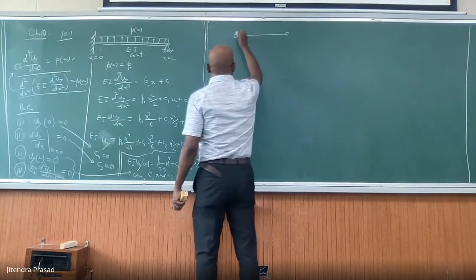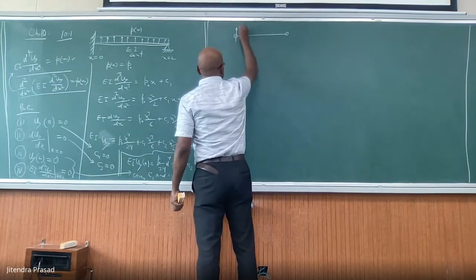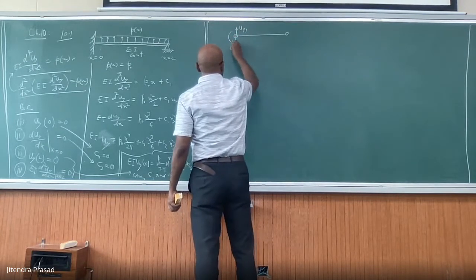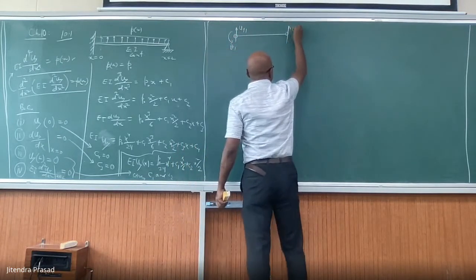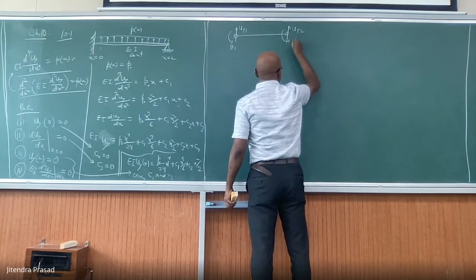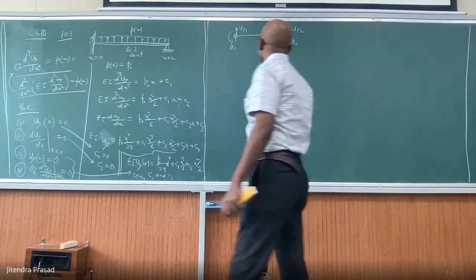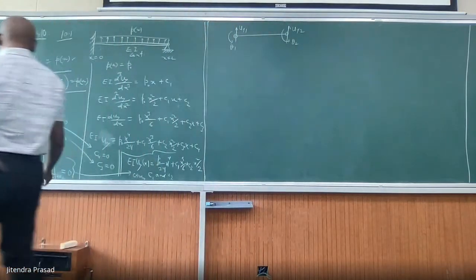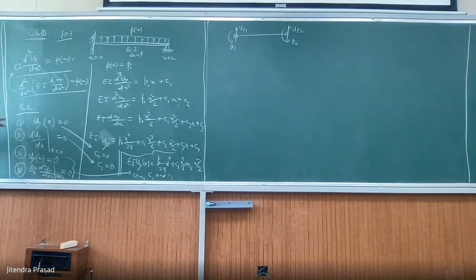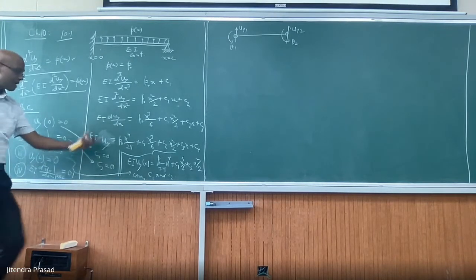Right? So you have this Uy1, theta 1, Uy2, theta 2. So the only thing remaining here is what? Now, the maximum you have to find out.